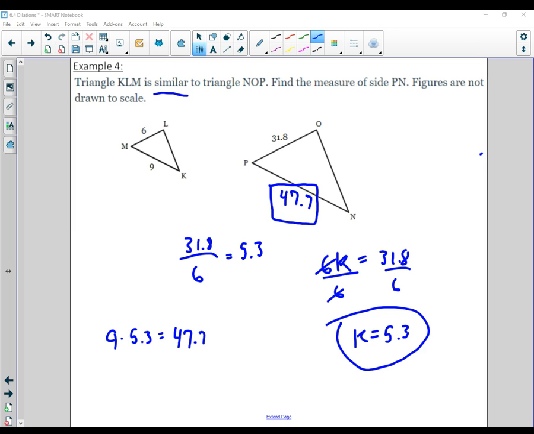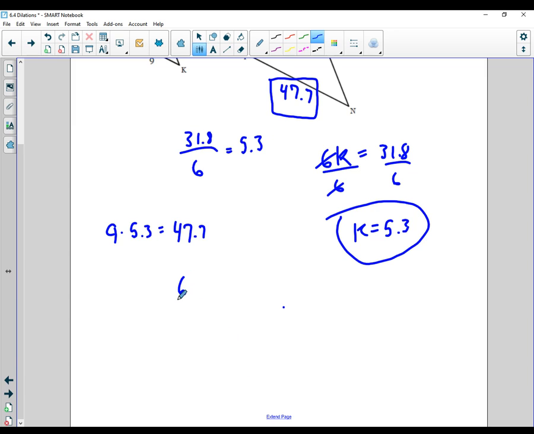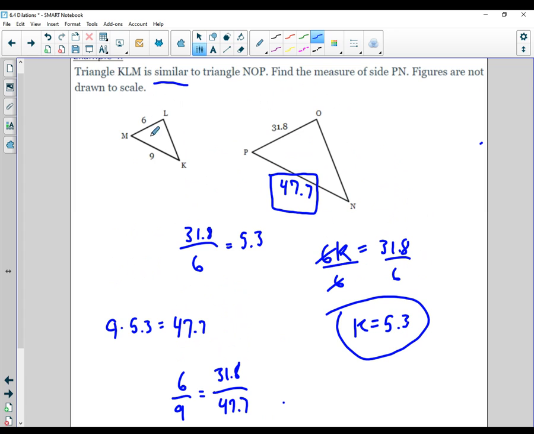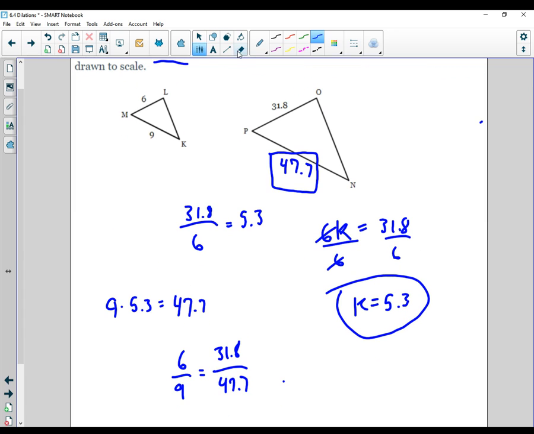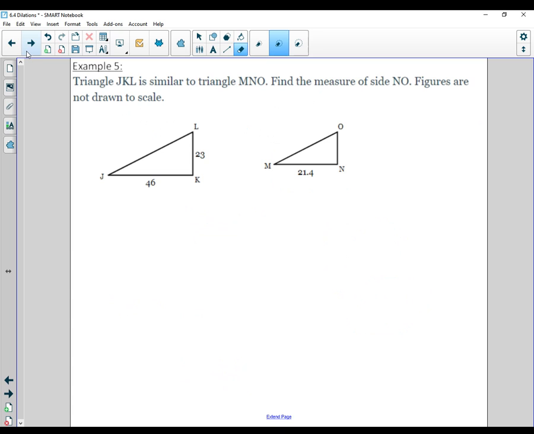And that's showing that the proportions are the same, right? So that's just like a quick check to make sure you did it right. If 6 divided by 9 is 31.8 divided by what we got, right? This side is to this side as this side is to this side. And so that's kind of a bunch of different tricks to do it.